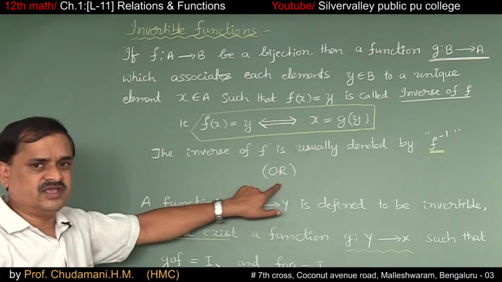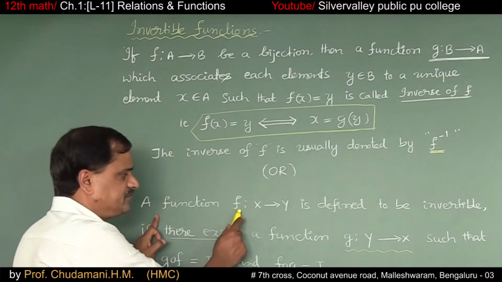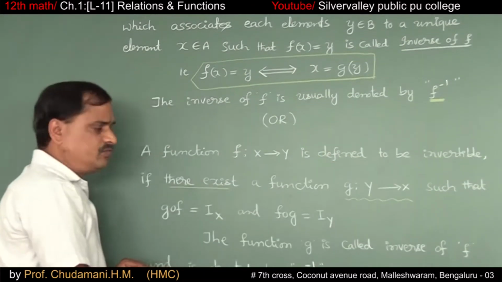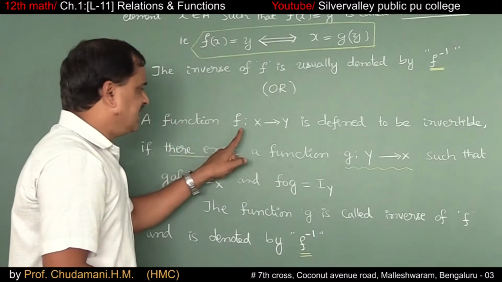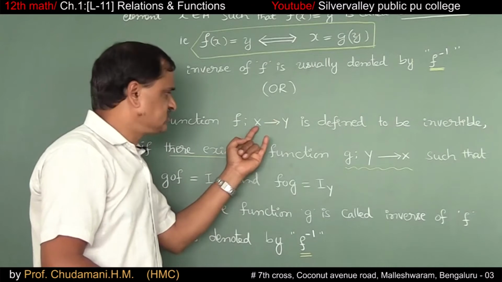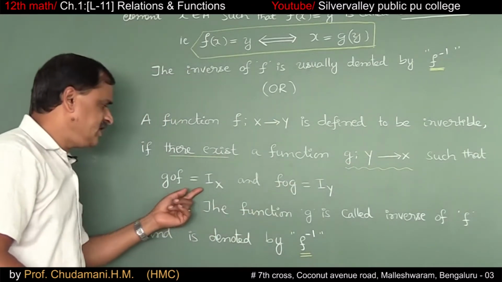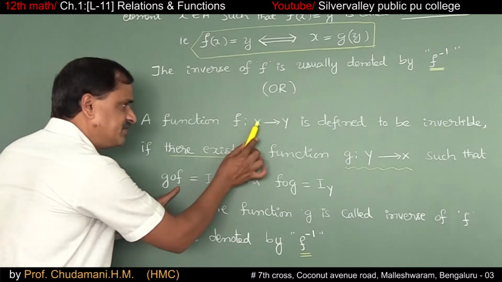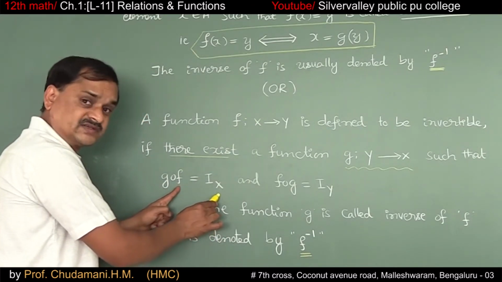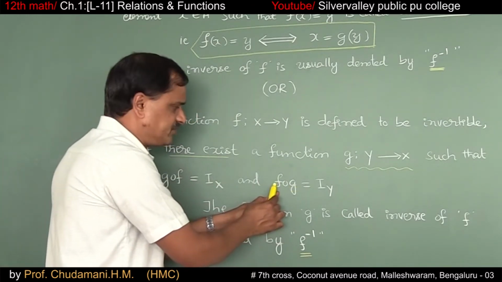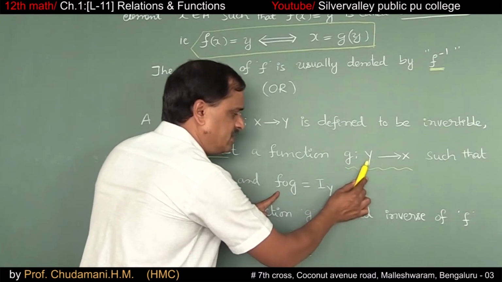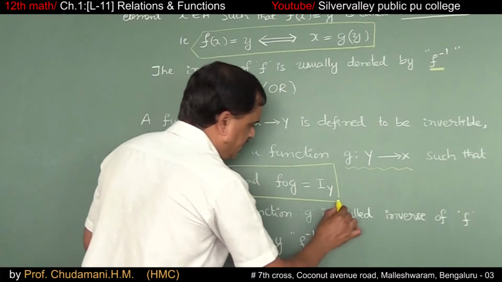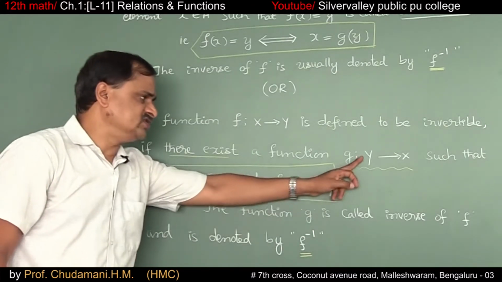The other way of defining an invertible function: a function f from x to y is defined to be invertible if there exists another function g from y to x such that g∘f is the identity function on the set x, and f∘g is the identity function on the set y, which is the domain of g.